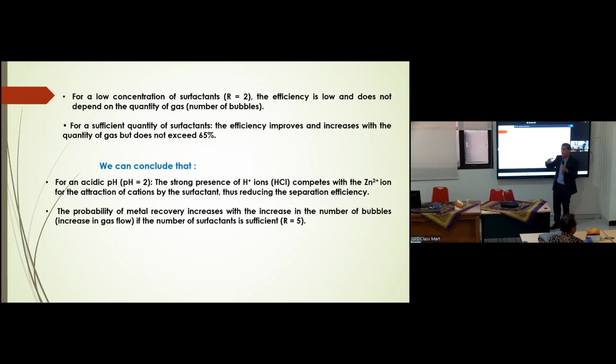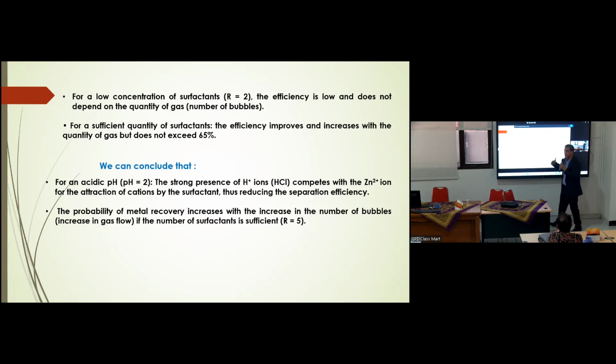We have the presence of H+ ions, and the collector prefers the anion over zinc. That's why this is constant. So the strong presence of H+ competes with zinc. The probability of metal recovery increases with the number of bubbles if the surfactant is sufficient. That's why I have 65%.